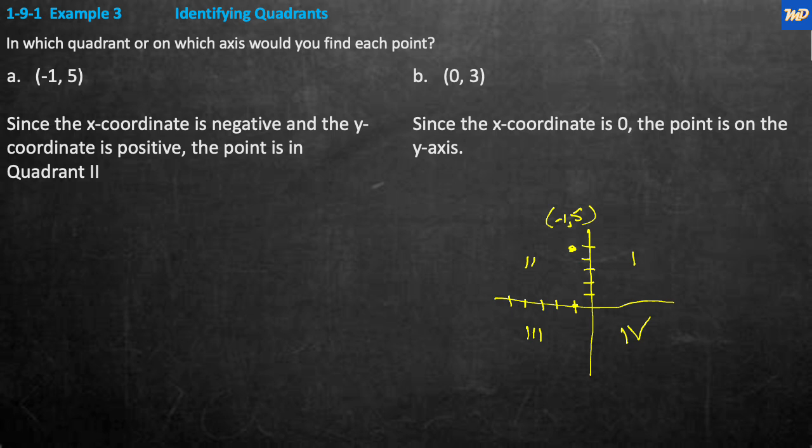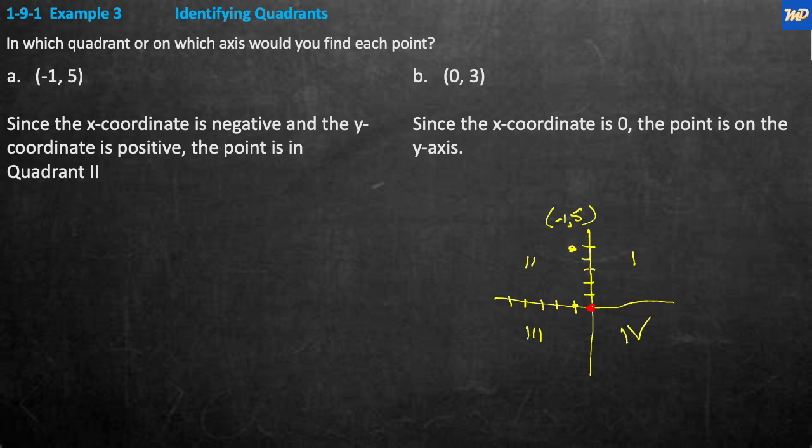So let's do B. It says 0 and 3. Well, x is 0 and y is 3. So x is 0 right here. I'm going to change colors. There's x is 0 and y is 3. So that means 1, 2, 3.